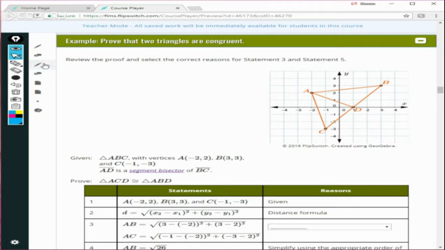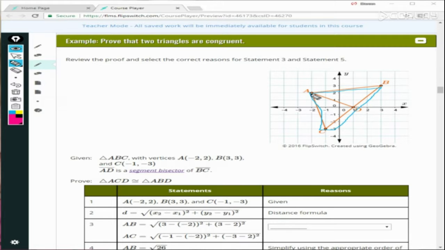Given triangle ABC with vertices at the point A (-2, 2), point B (3, 3), and C (-1, -3). The line segment AD is a segment bisector of BC.